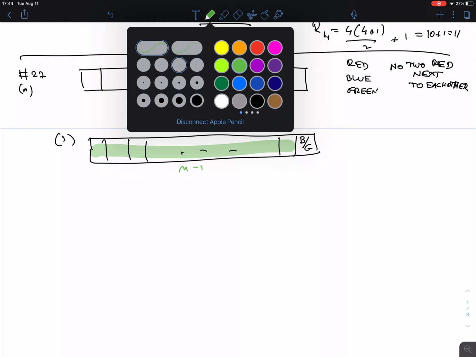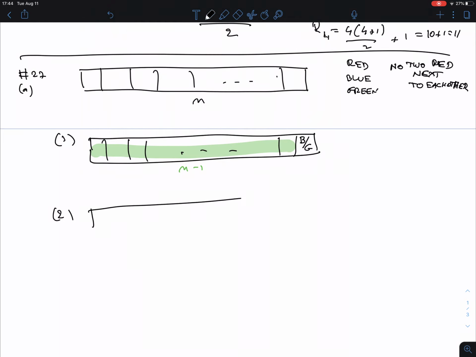So the other alternative is that I end in a red tile. Let's look. So here now I put a red tile here. But for this to be a valid tiling, what's the only thing that cannot be? This guy cannot be red.